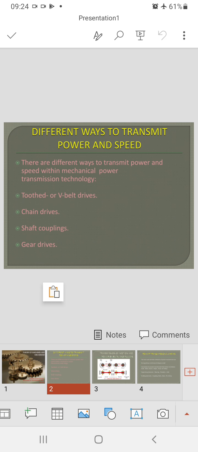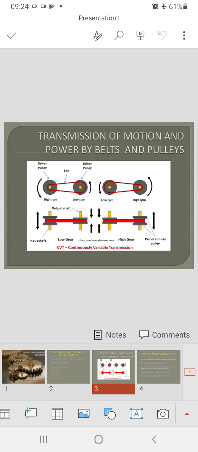To transmit power from a motor to a pump, a coupling is used. Gear drives are always used for power transmission in an automobile gearbox and also in a lathe. The more advantage of gear drives is that more variable speed can be obtained. The figure shows the different types of pulley and belt.